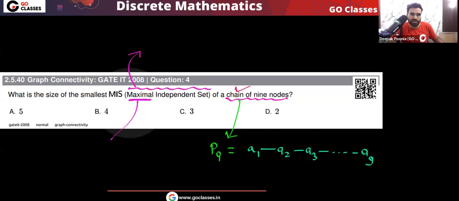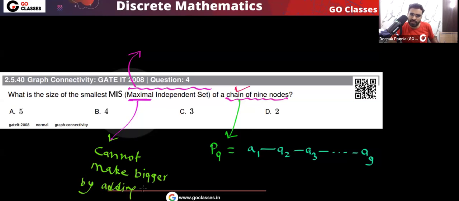What does this word maximal mean? It means that we cannot make it bigger by adding a new item in it.